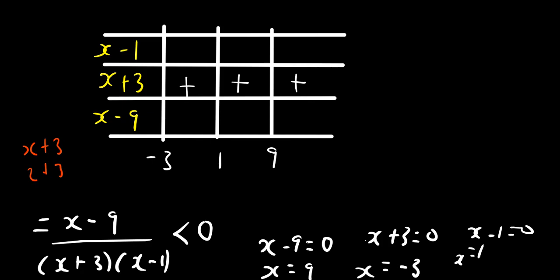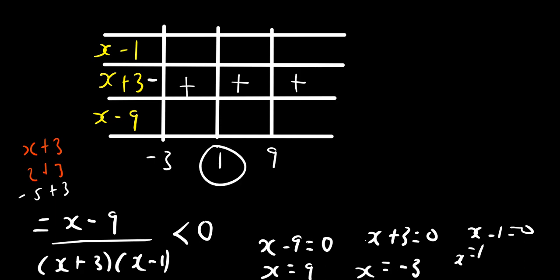But if you get any number that is less than negative 3, let's say negative 5 plus 3, that gives you negative 2, which is a negative number. So this will be negative, like that.